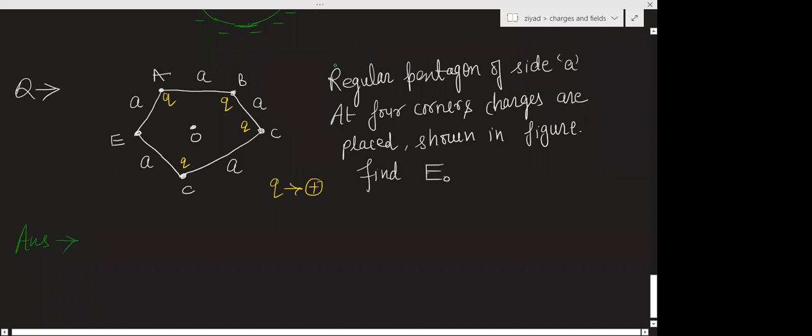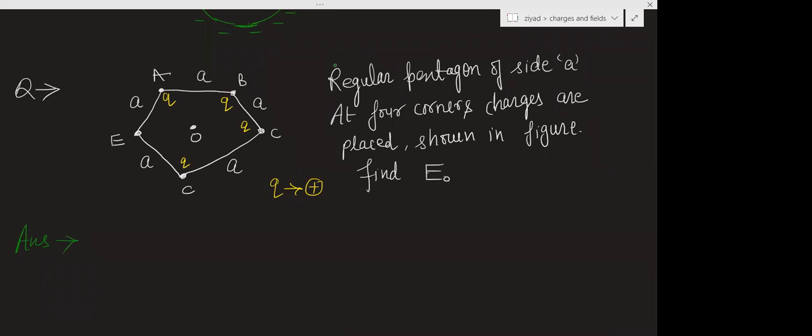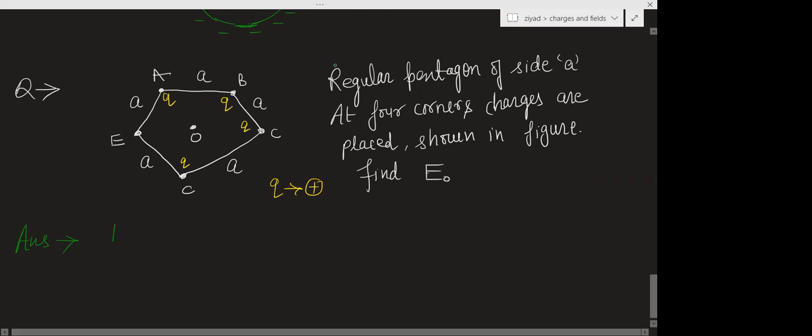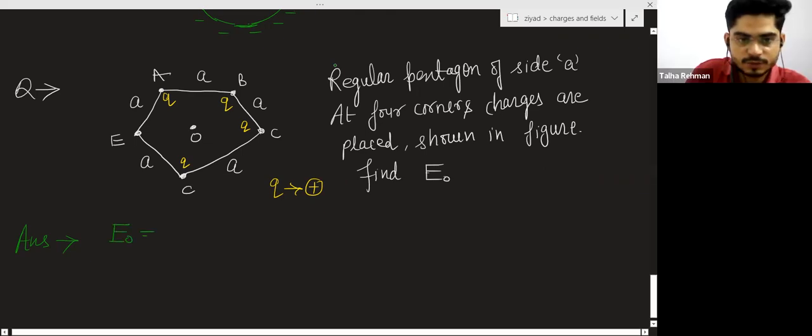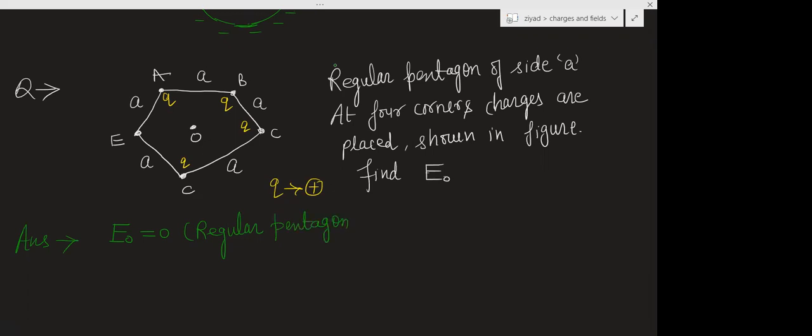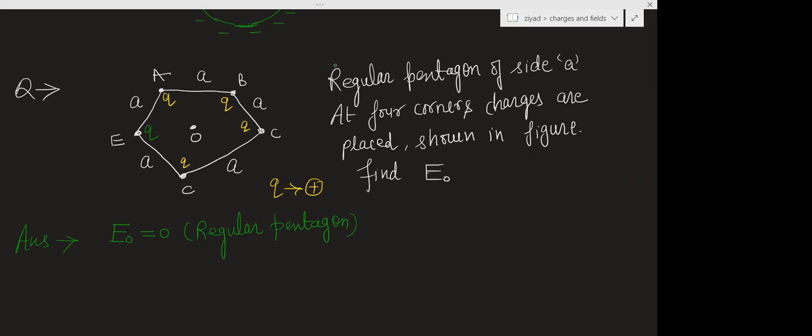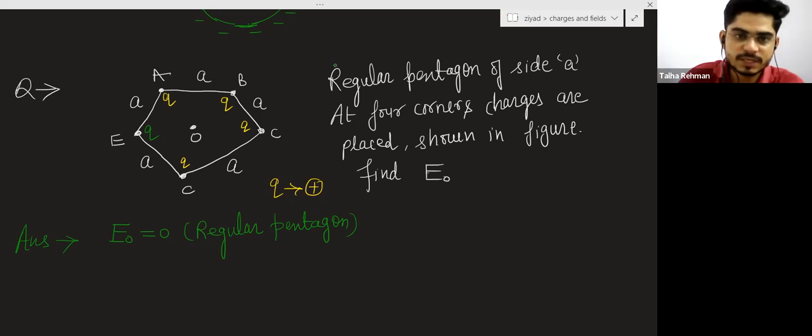I have told you that at the center of a regular pentagon, the electric field is 0. That means E at O is equal to 0 when we have a regular pentagon, with a charge Q placed at every corner.